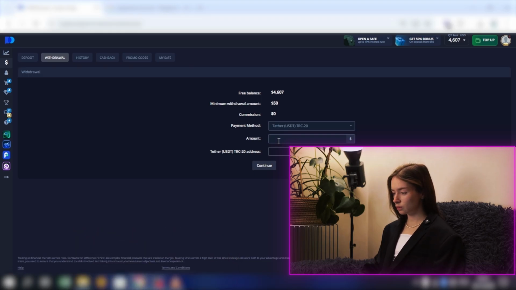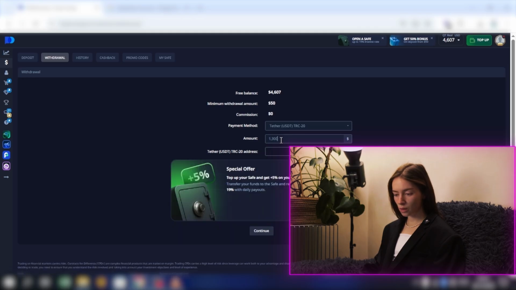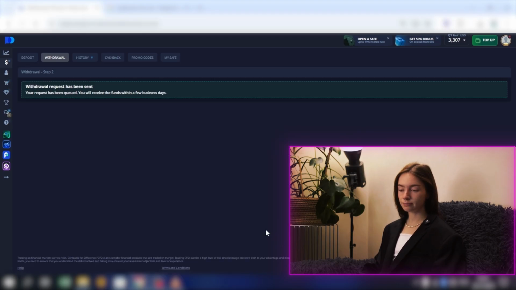We had about 3,300 on the account. I withdraw 1,300. I enter my Telegram channel and send the request. As you can see, the money has been sent.